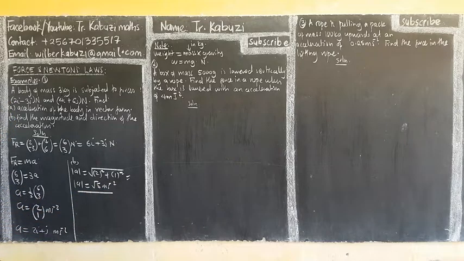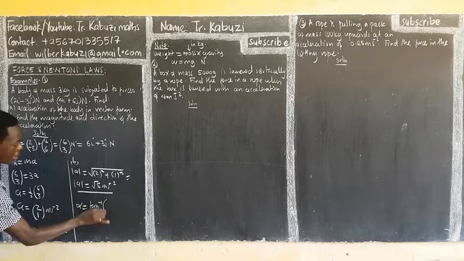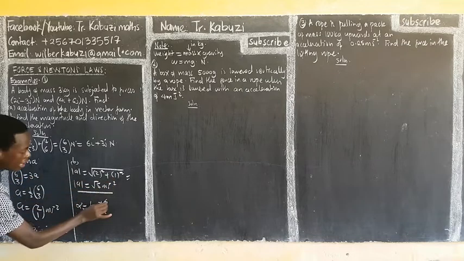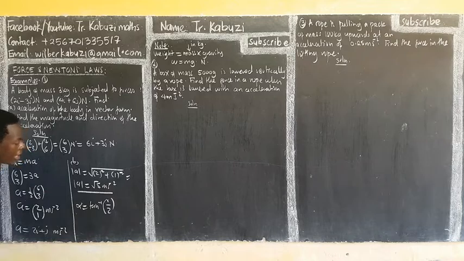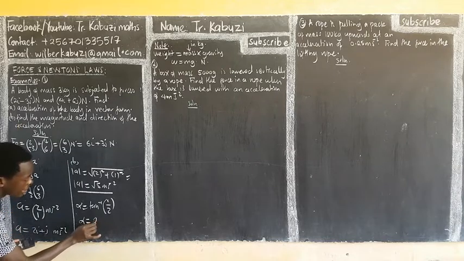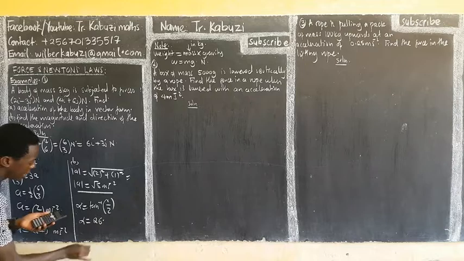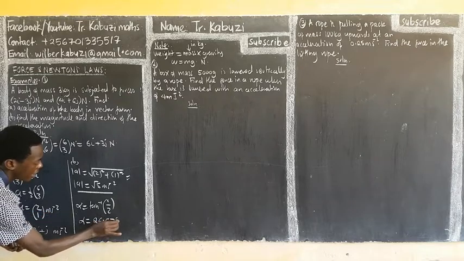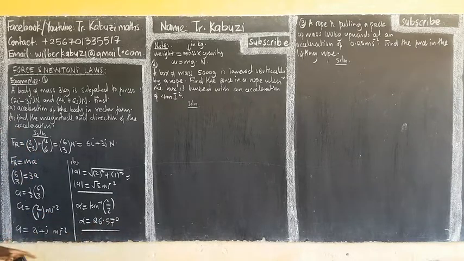Then the direction: our direction alpha is going to be tan inverse of the j component over the i component. And so our alpha here is going to be 26.57 degrees. That is our direction.